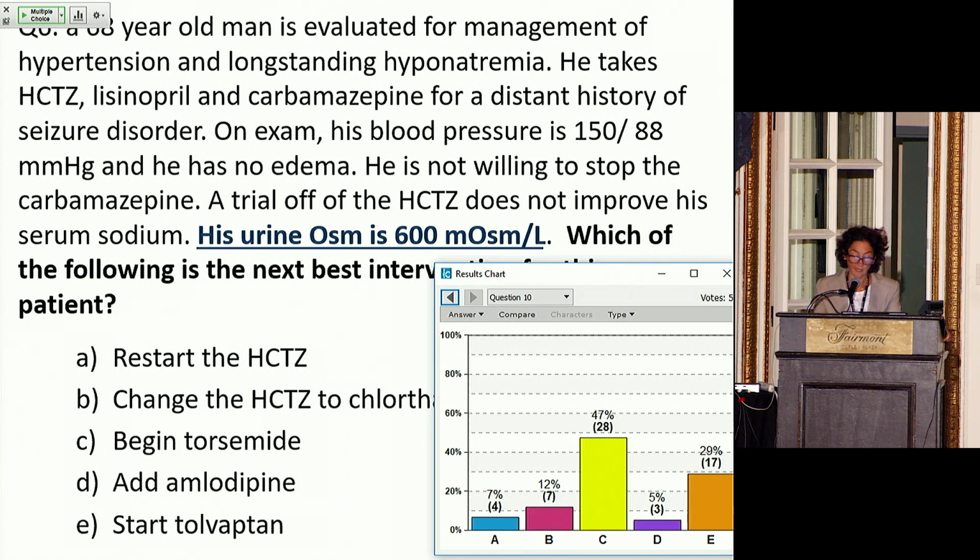Some of that may be related to their short duration, whereas torsemide is longer acting. Amlodipine would not help us with the hyponatremia, and tolvaptan is a little bit problematic. I know we have the reps here, but it's just so expensive and would not address the hypertension.